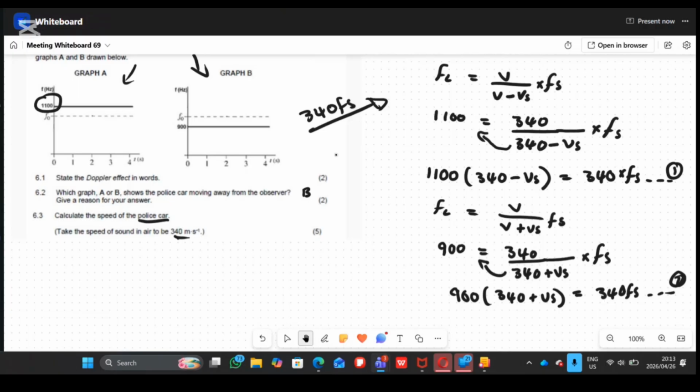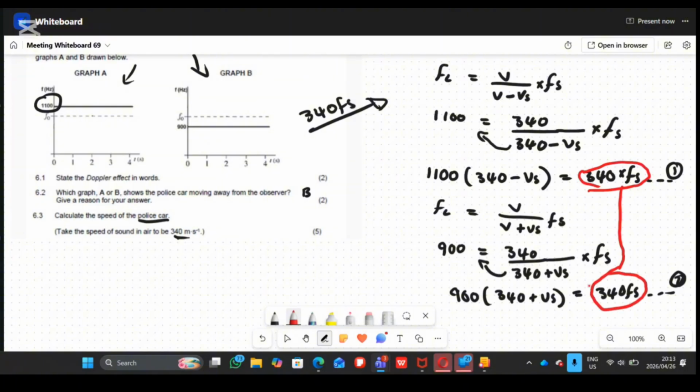So I can just equate equation number 1 and equation number 2, because I have 340 multiplied by Fs, which is equal to 340 multiplied by Fs, right?